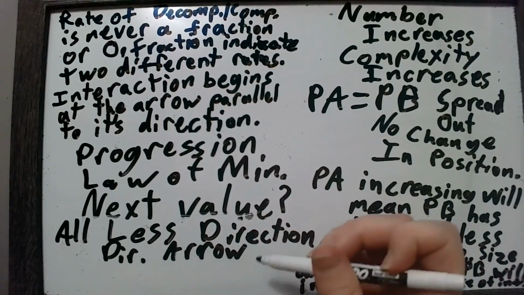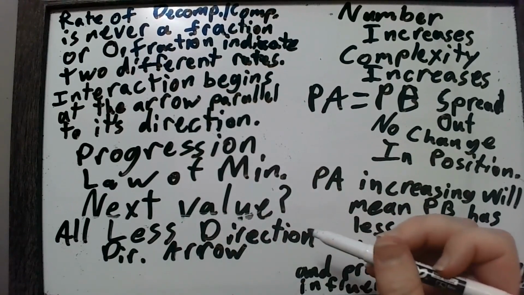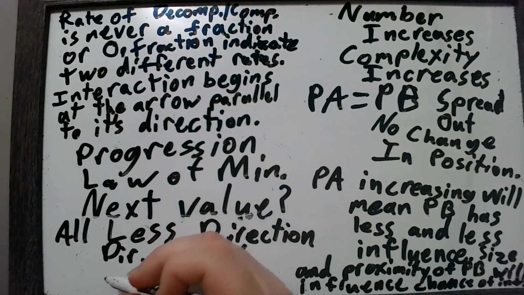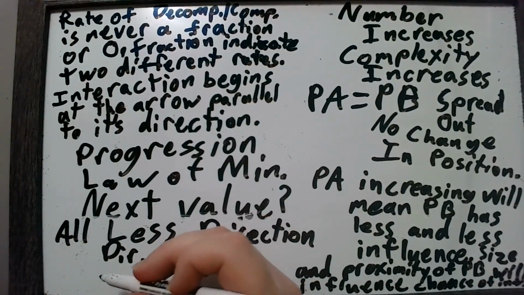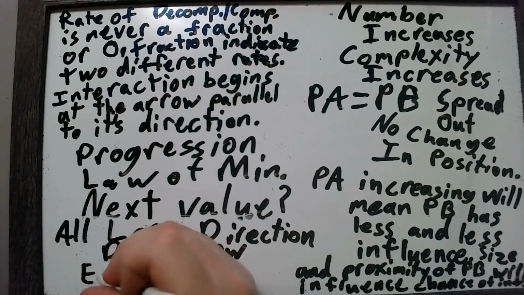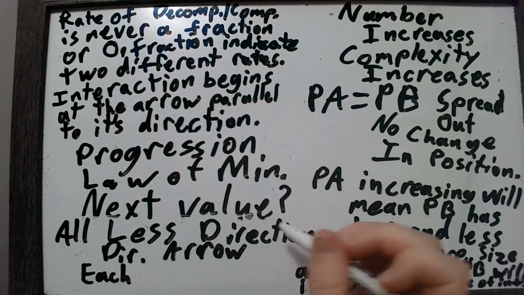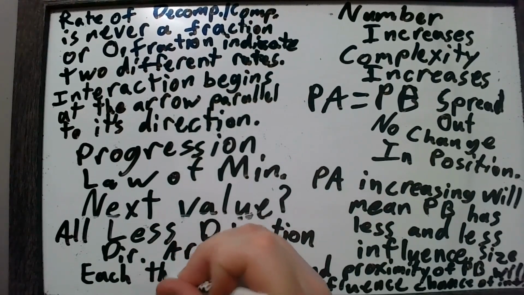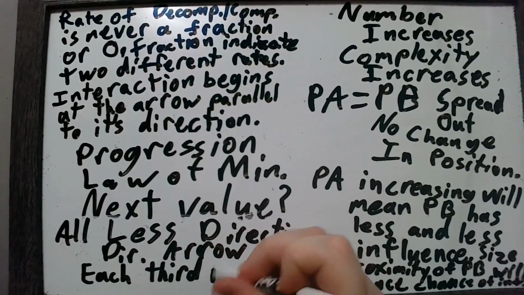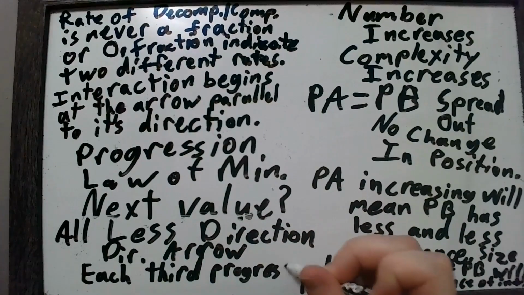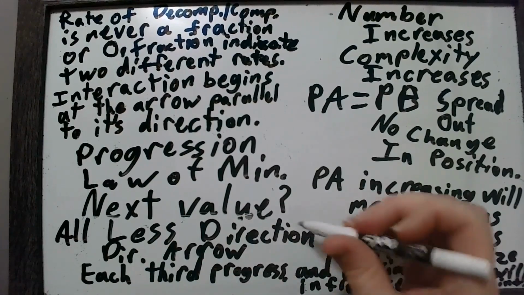But as it progresses, if the value is much greater than the other values as it's expanding, then what's going to happen is all the adjacent values are going to, on each third progression for this, all less, right? Where all of these are less values, each third progression is going to cause it to spread.